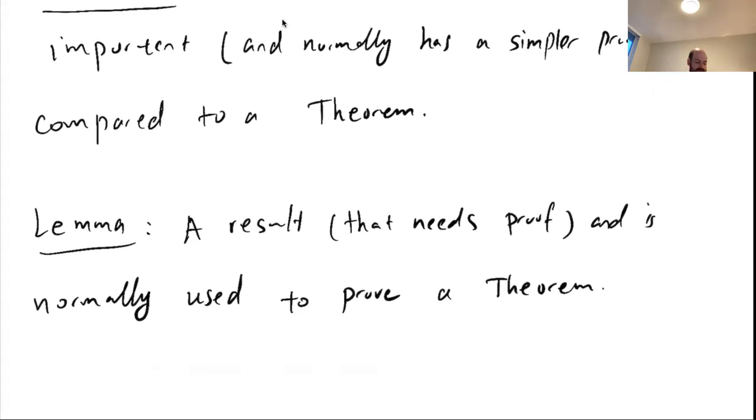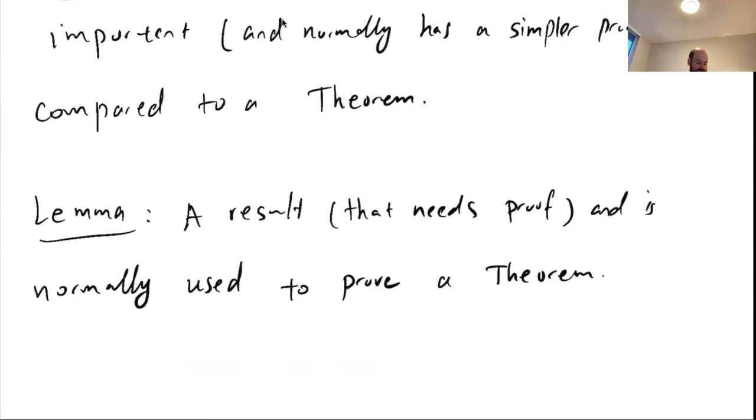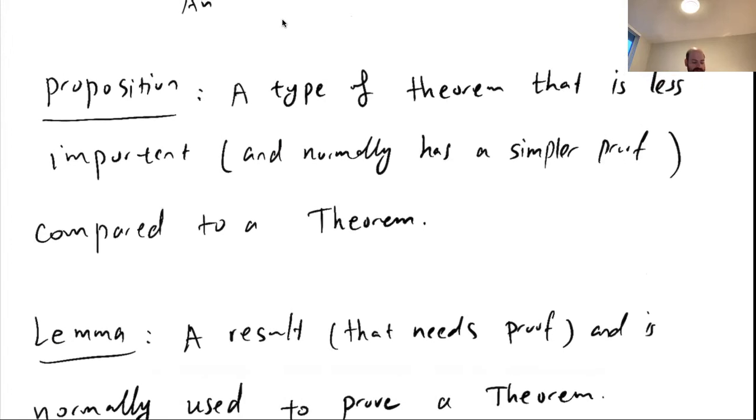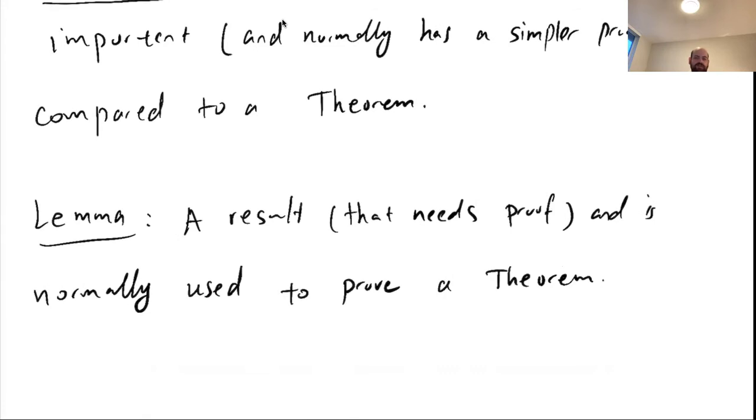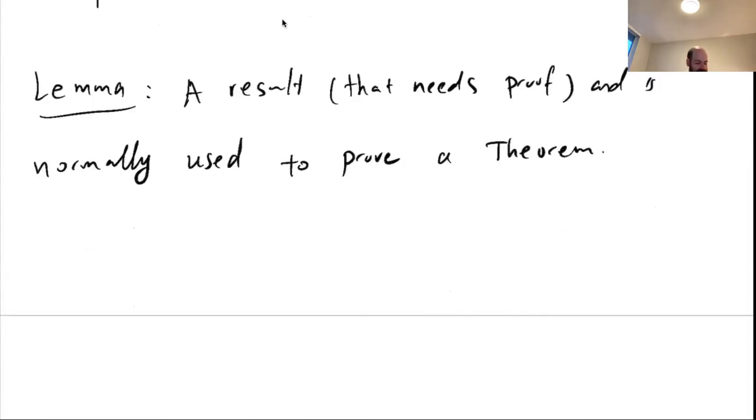So a lemma is also minor, similar to a proposition, but the main difference from a proposition is that it is normally used to prove a major theorem. And then we have corollary.